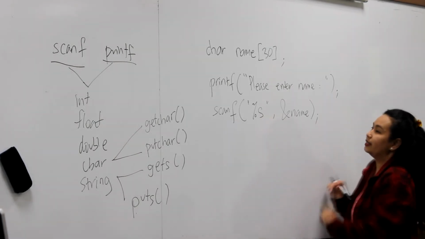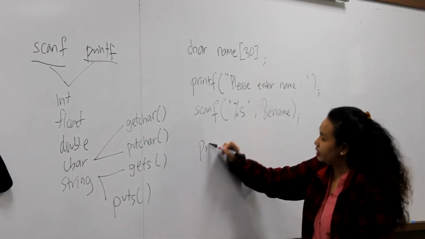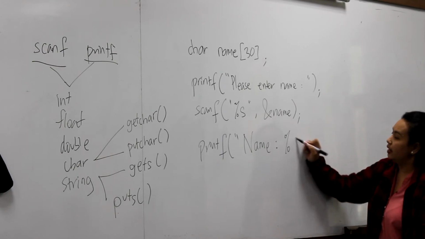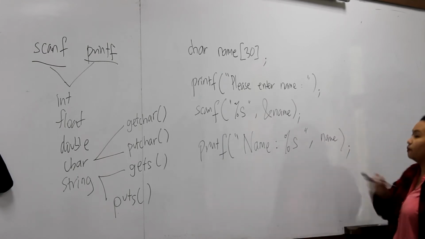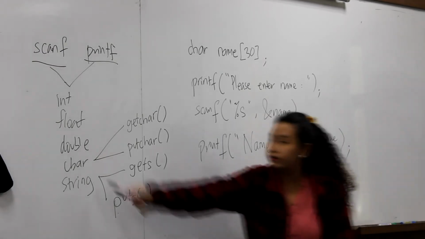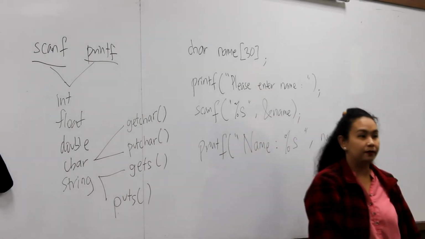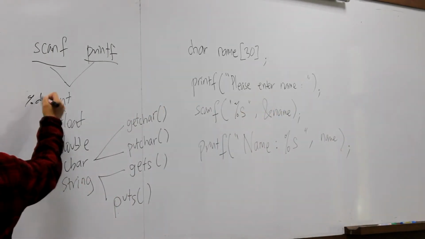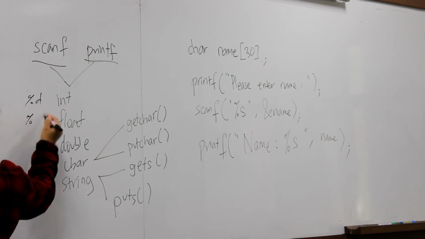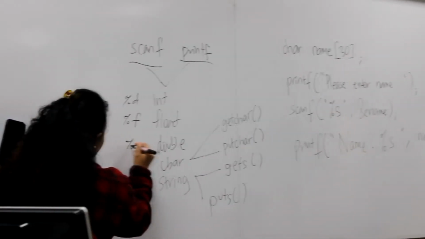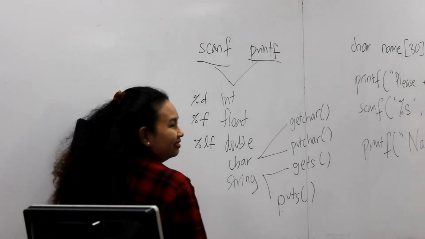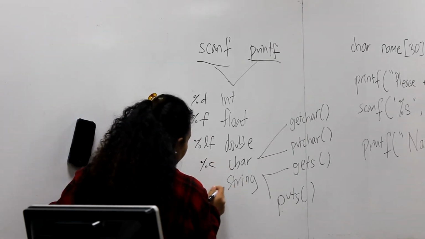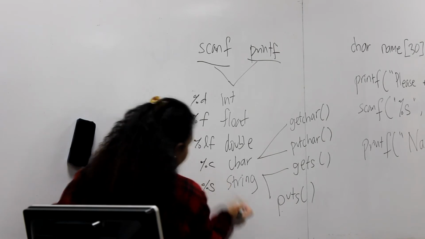Alright, so we are done with scanf. So it's the same thing, guys. So just do your printf. Same old with all the rest of the things that you have done. So you have your integer, which is %d. You have your float, which is %f, double %lf, and then character you have your %c, now string you have your %s.